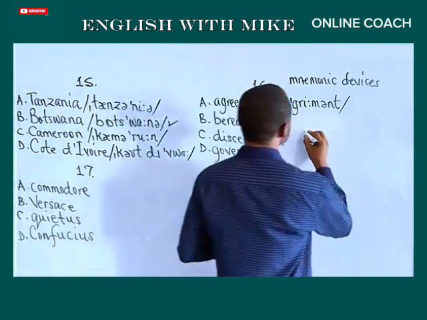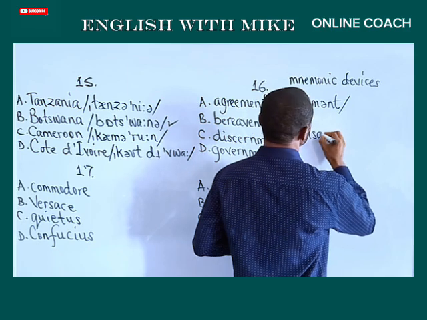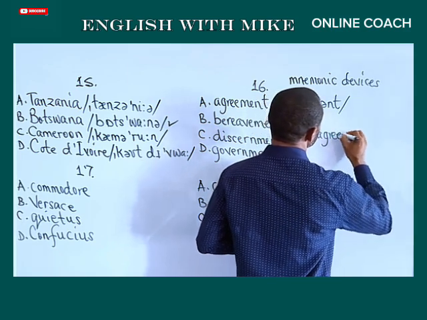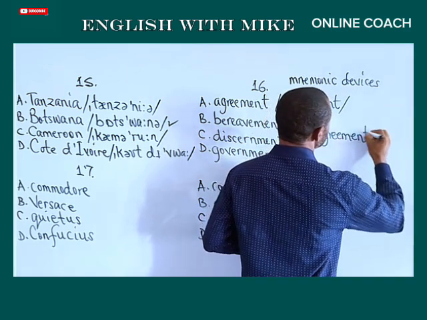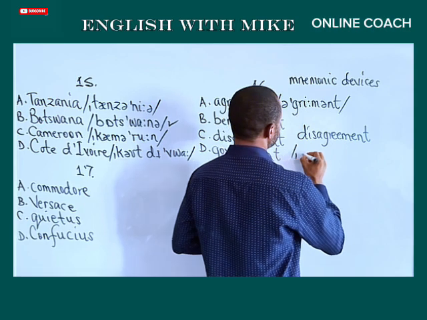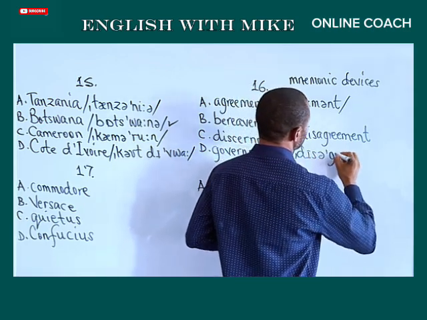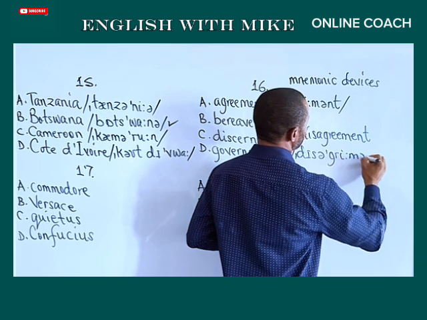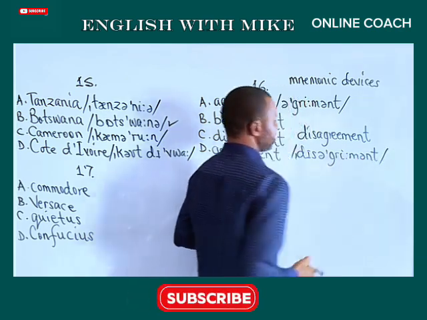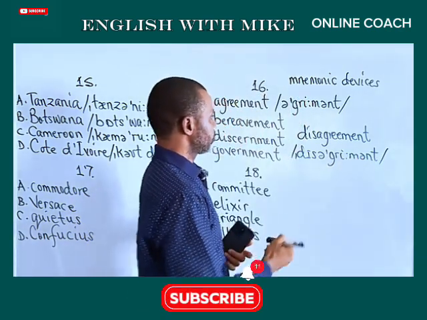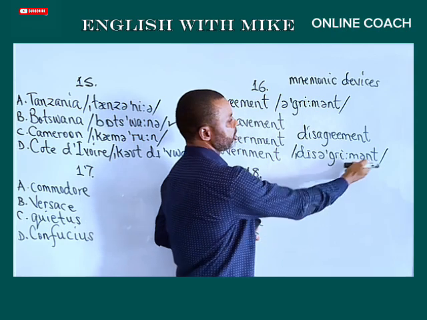What if we add this to it? Where is it stressed? Suppose we add dis, then we have disagreement.